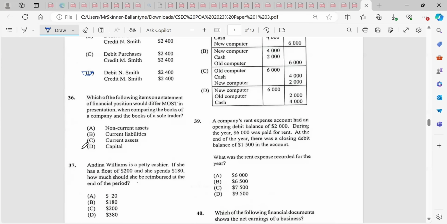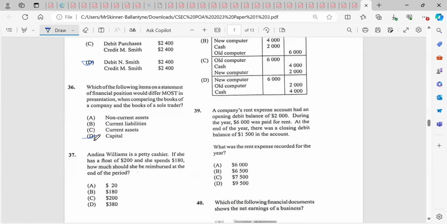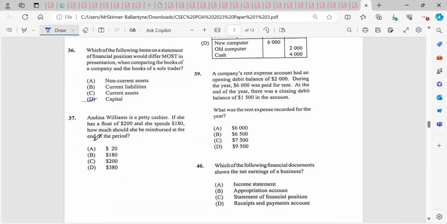The company's capital has ordinary shares, preference shares, authorized shares, reserves, retained earnings, and the sole trader has capital and net profit minus drawings. Very different. Number 37, Adina Williams is a petty cashier. If she has a float of 200 and she spends 180, how much should she be reimbursed? 180.